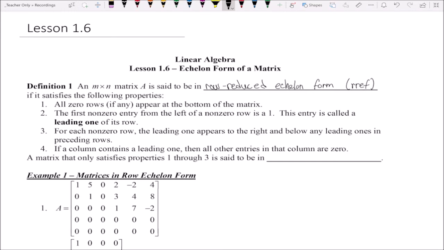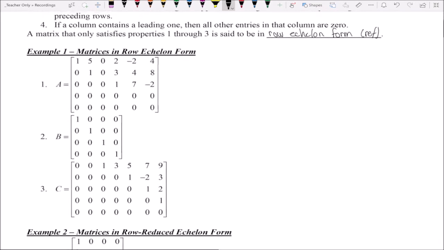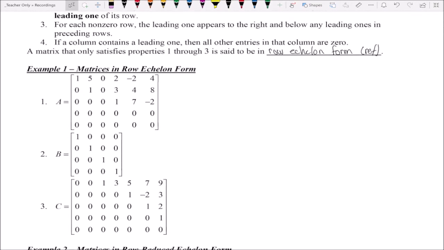If a matrix only satisfies the first three properties, we say that matrix is in row echelon form, or REF. So the following three matrices are all in row echelon form. Here are the leading ones.